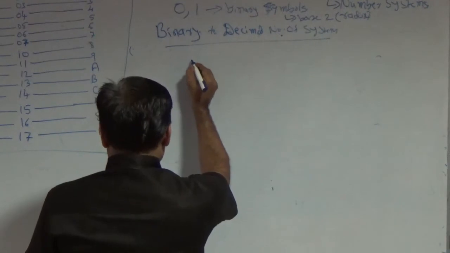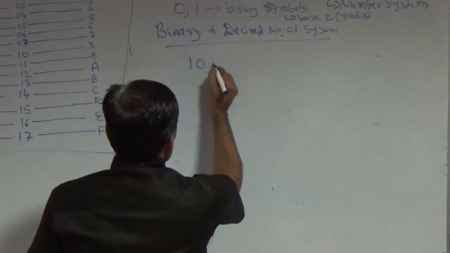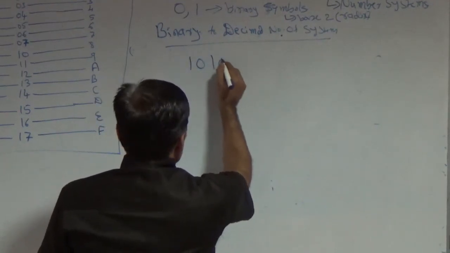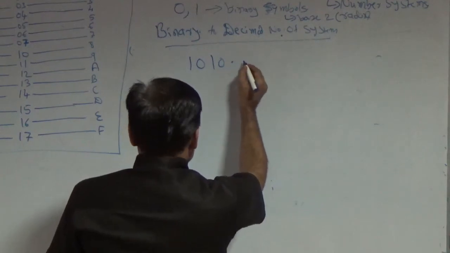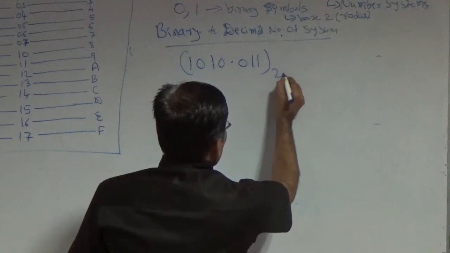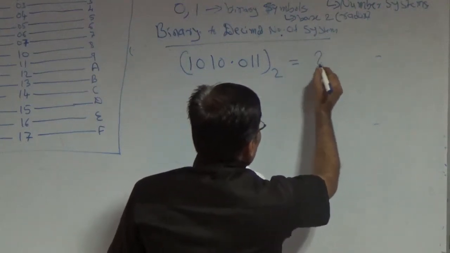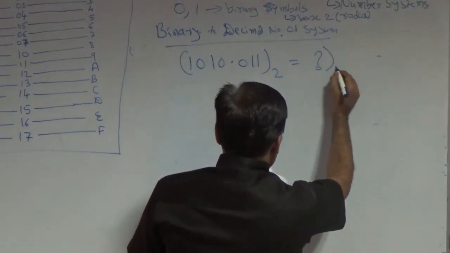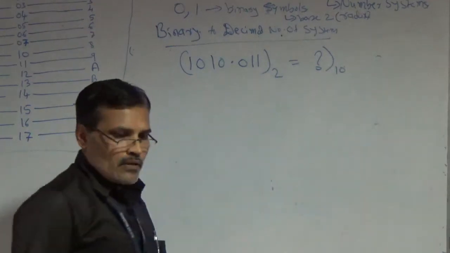Let us consider the binary number 1010.011. So this is the given binary number, and you are being asked to generate an equivalent decimal number.